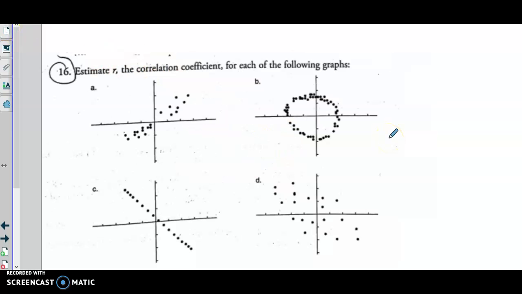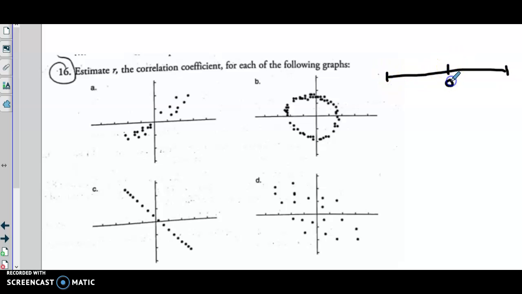All right, I skipped number 13. I'm going to make a second video of number 13 because it's similar to the FRQ that you're going to be assigned today. So let's just jump to 16 real quick. In 16, it says estimate r, the correlation coefficient, for each of the following graphs. So let's just review what r ranges between. Your answers are going to vary here.